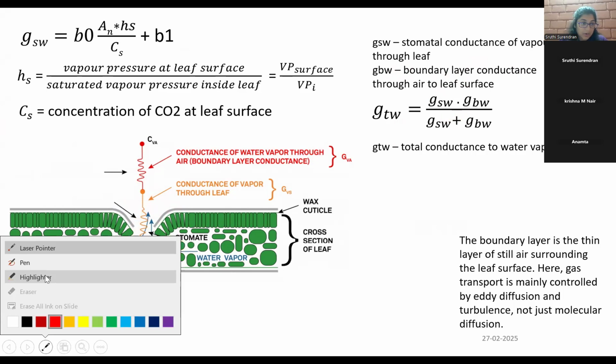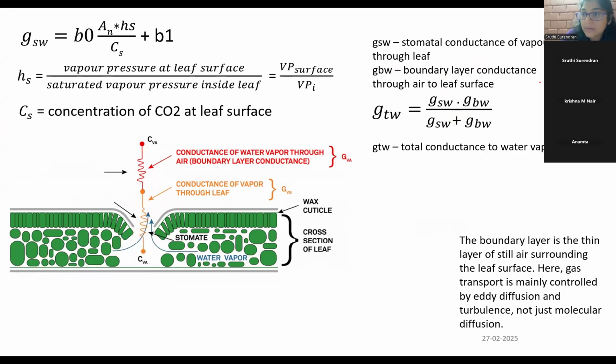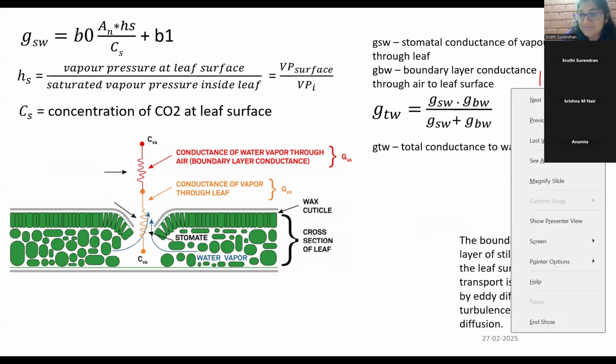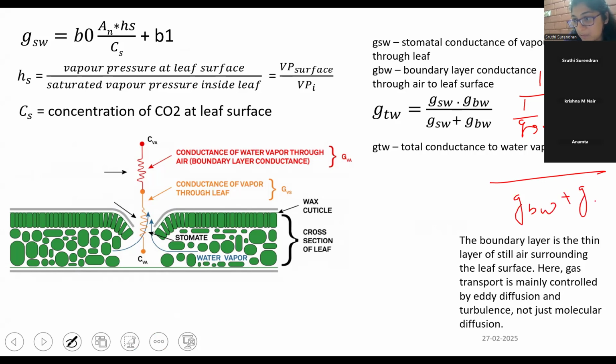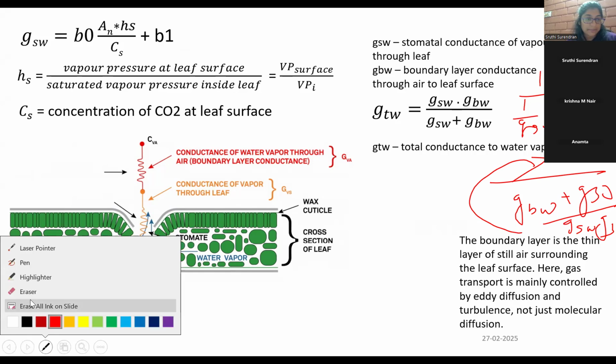This is how I obtain it: it is nothing but 1 by GSW plus 1 by GBW. Now, when you take the common denominator, it becomes GBW plus GSW divided by GSW into GBW. And if you take this to the numerator, it will come in this format. So this is how I got that equation.